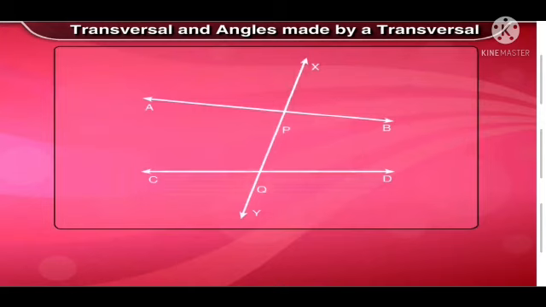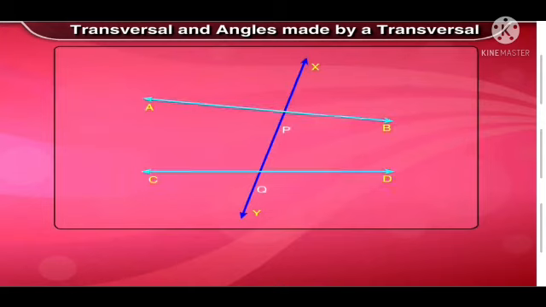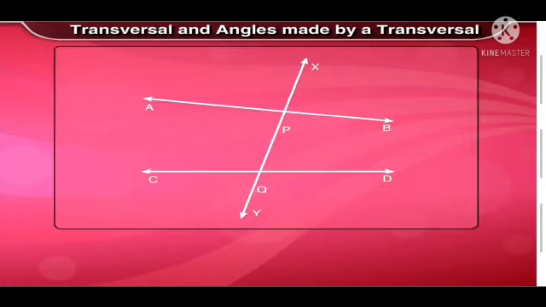Look at the figure here. Line XY intersects line AB and CD in two distinct points P and Q respectively. Let us denote the eight angles formed as angle A, angle B, angle C, angle D, angle E, angle F, angle G, angle H as shown in the figure.